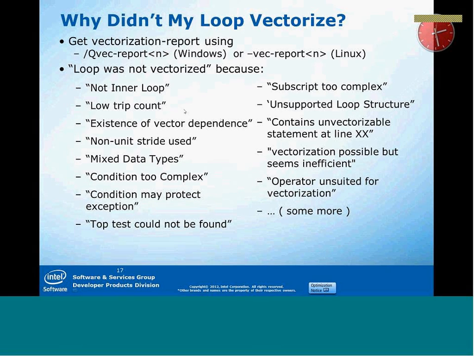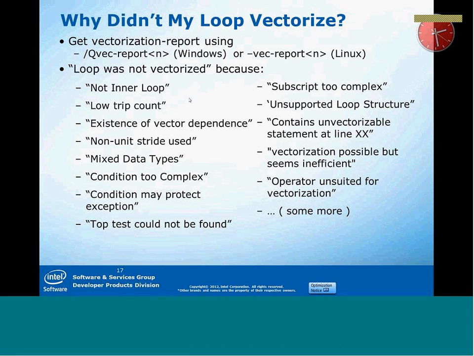Sometimes some loops don't get vectorized, and the vectorization report, when you generate it using -Qvec-report on Windows or -vec-report on Linux, tells you the loop was not vectorized because of some of these reasons, and these are only some of the examples, meaning the inner loop gets vectorized.